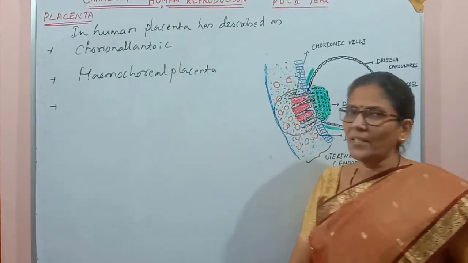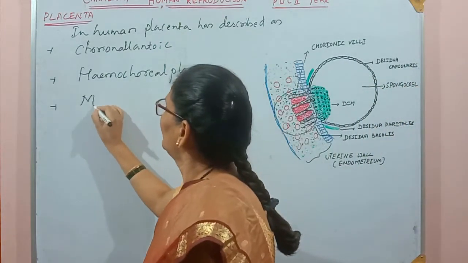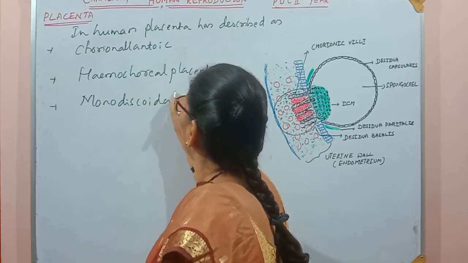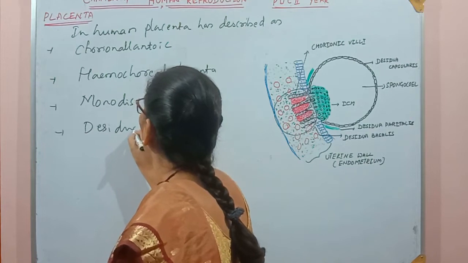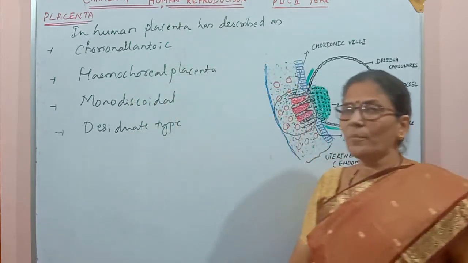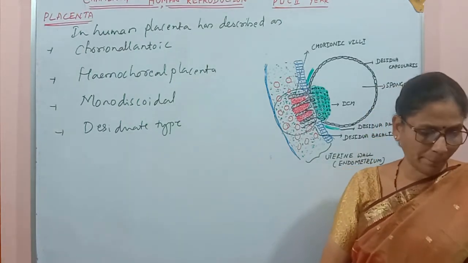The third one is monodiscoidal. And the last one is deciduate type. So these are the terms which are used to describe the placenta in human beings.